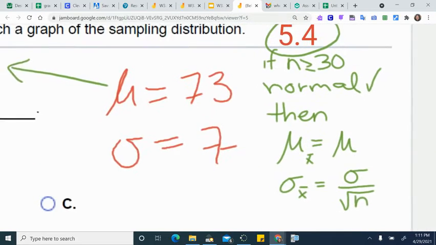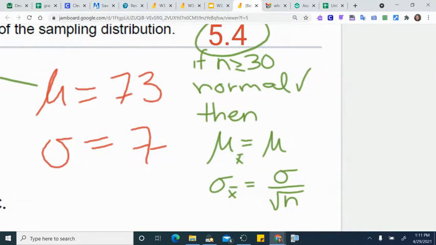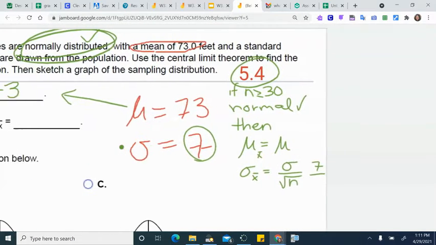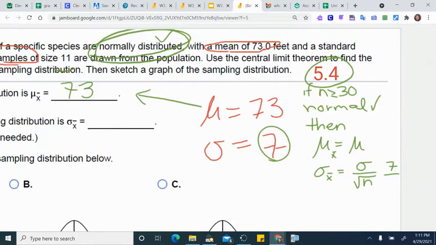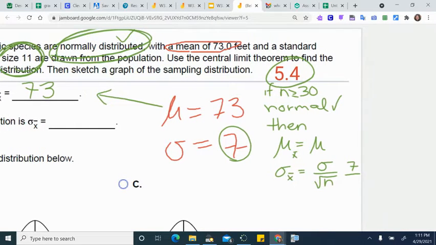So in this case, that original standard deviation was 7. And the sample size, let's see, what was the sample size? Oh, 11. So that's what I'm going to put down here as the square root of 11.